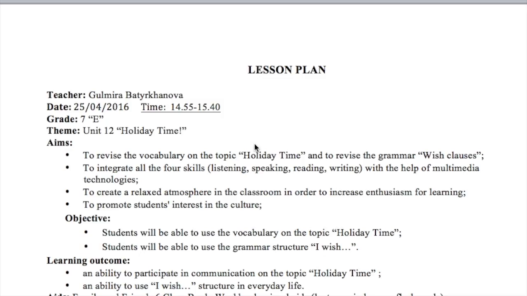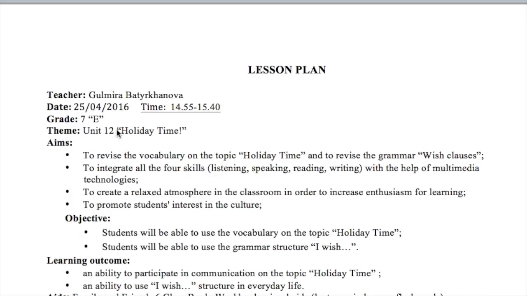So now we're going to talk a little bit about the lesson plan itself. As you can see, what we have here is information about the teacher, and there is information about the grade, date, time, theme of your lesson. So here's the thing, guys. This is a sample lesson plan.